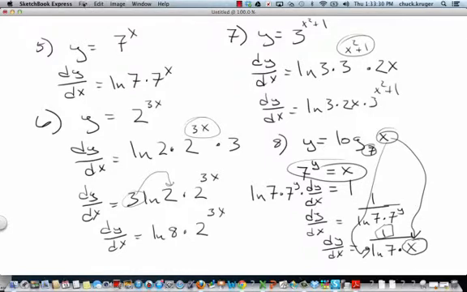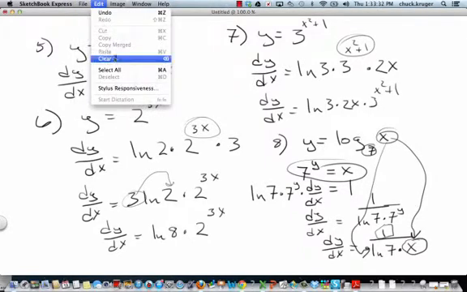Alright, let me clear this. And so if you take a look, there's a general form that if I have the log with a base a of g of x, and that's equal to some y value, dy/dx is going to be, first of all, a rational expression.